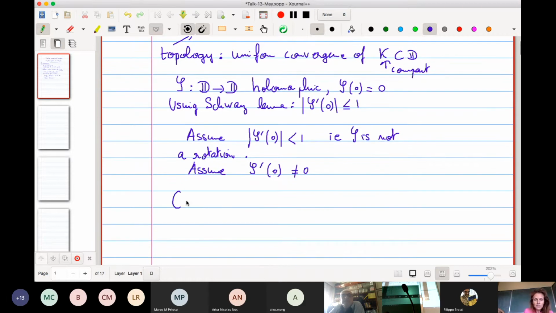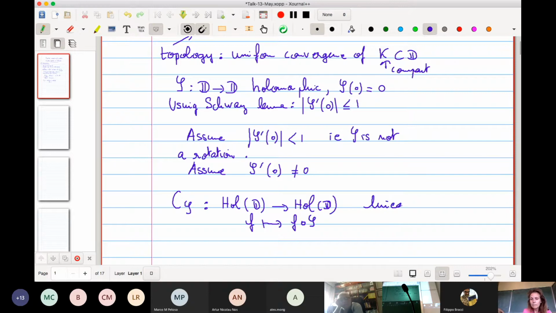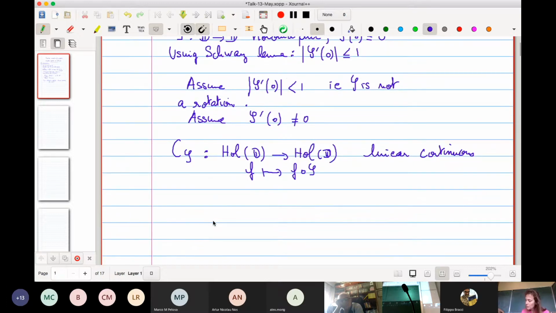So now we consider C phi, the composition by phi. It is linear and it is continuous with respect to this topology. It's obvious just because the image of a compact is a compact, since phi is continuous. And we add a weight denoted by m.